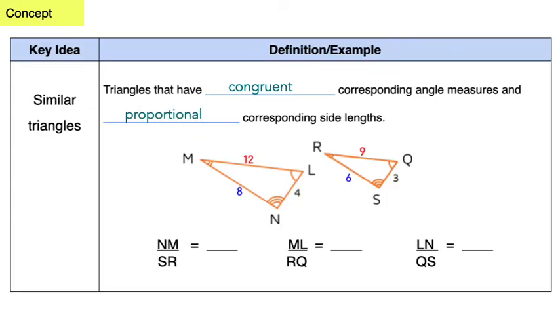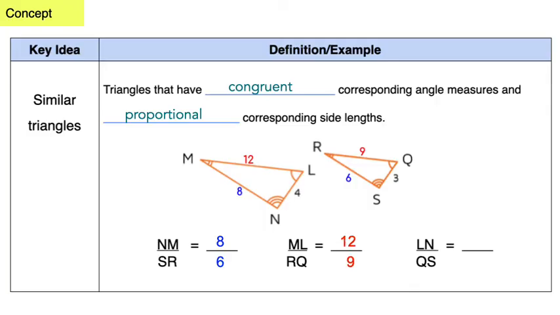We have an example. Two triangles are given. The triangle on the left is clearly larger than the triangle on the right. So let's check the corresponding side lengths. Let's look at side NM compared to SR, and that would be 8/6. Let's look at sides ML and RQ.